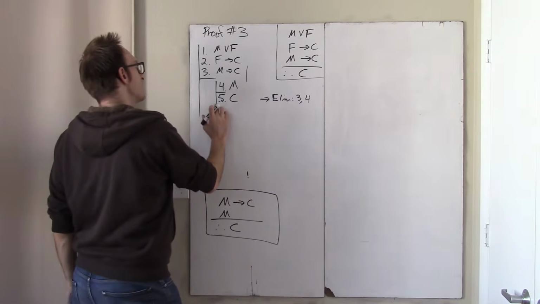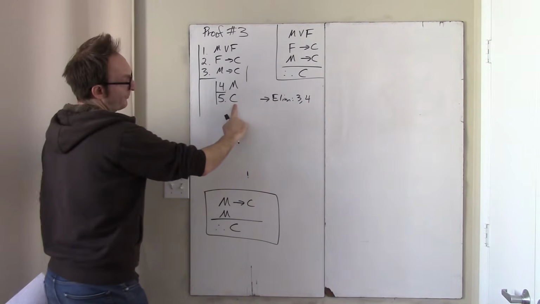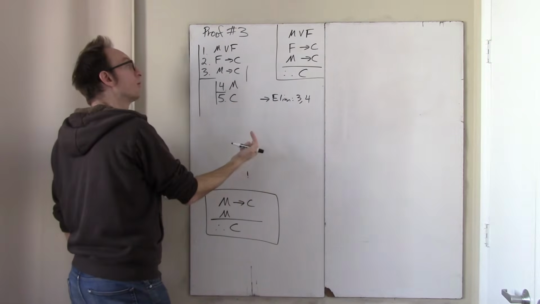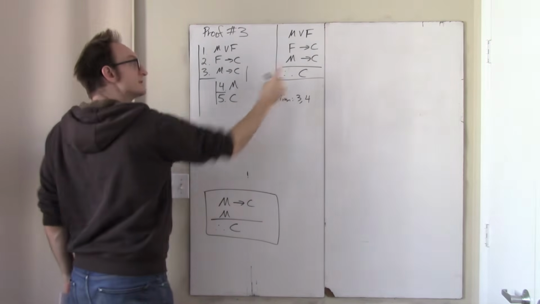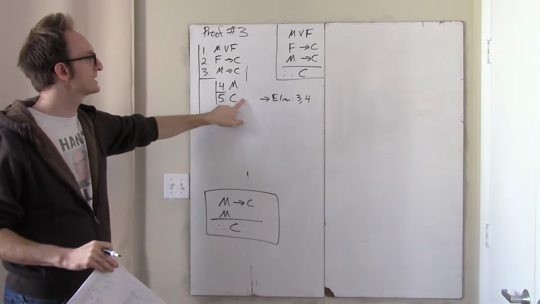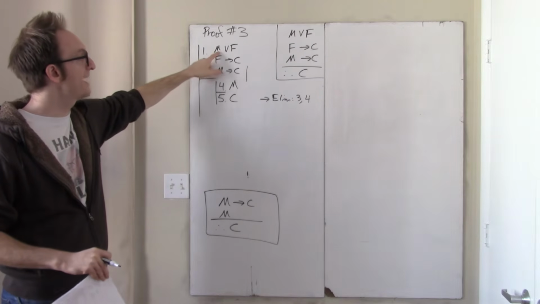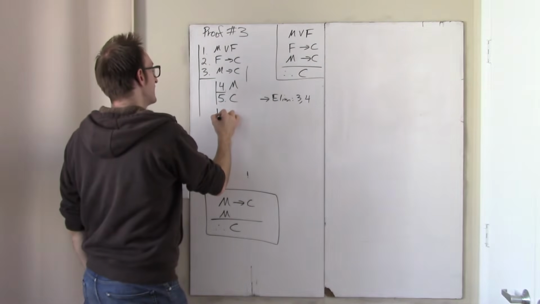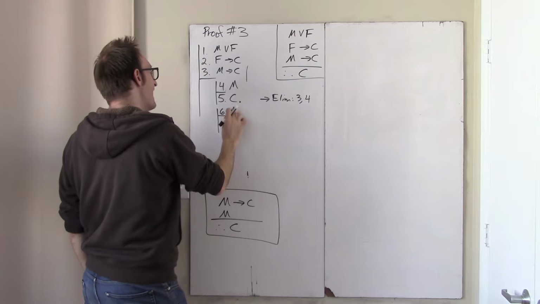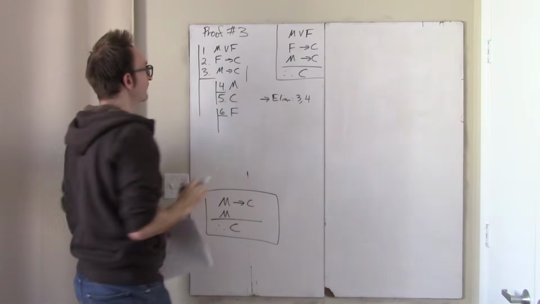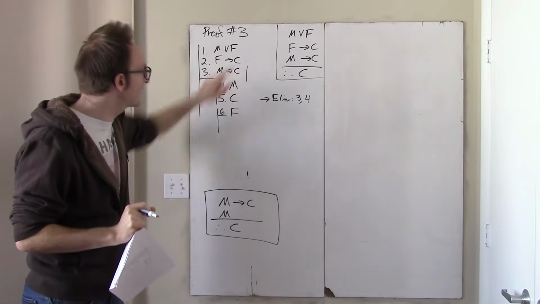Okay, and notice that C is what I've reached as my goal here, which was the overall goal of this proof, to conclude C. And so now I've shown, in just one line you might say, that this M leads to C. And now I immediately begin with the other half of the proof by cases. I knew from line 1 that either M was true or F was true.